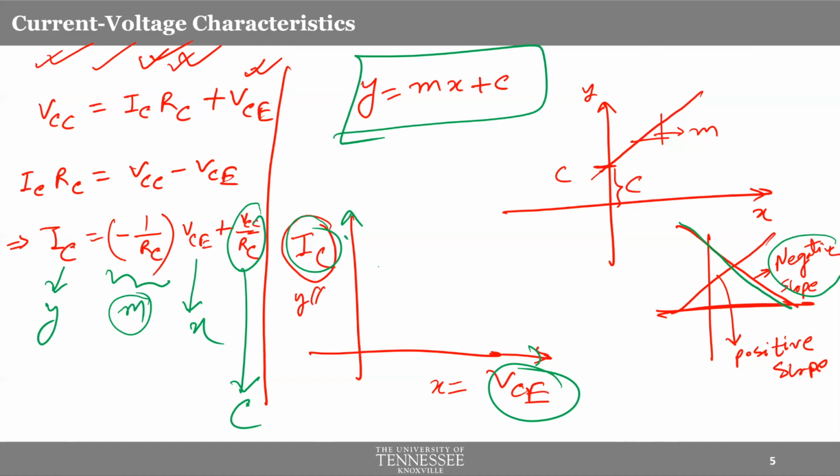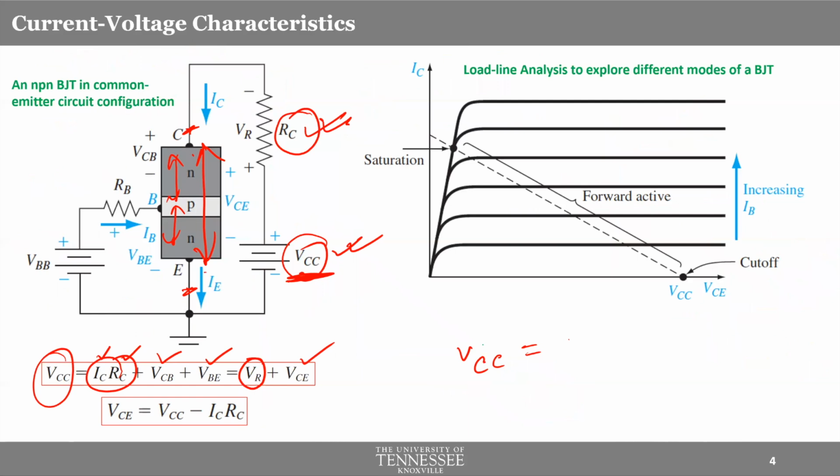You should have a straight line like this, which should relate to the resistor, to the resistance. Okay. And now going back to this particular figure, see this dashed line that you see here, that represents the IC versus VCE characteristics for that particular resistance that we are dealing with. Okay, I hope that makes sense.